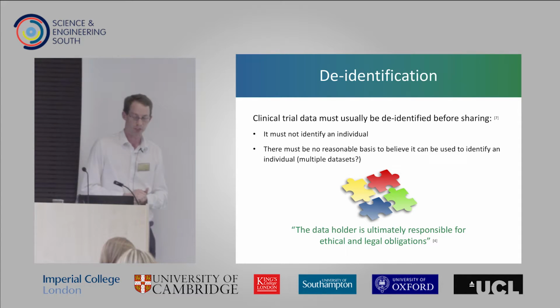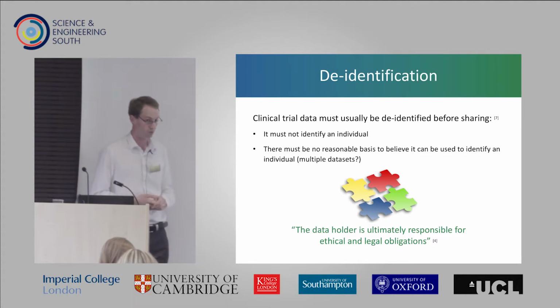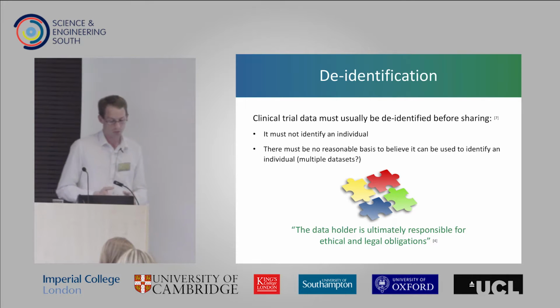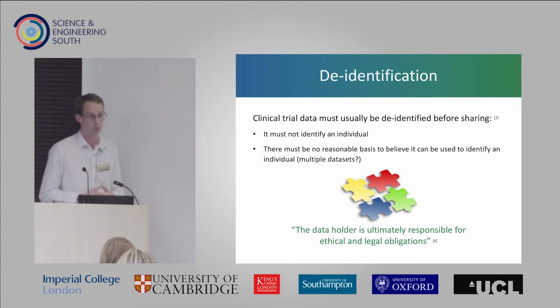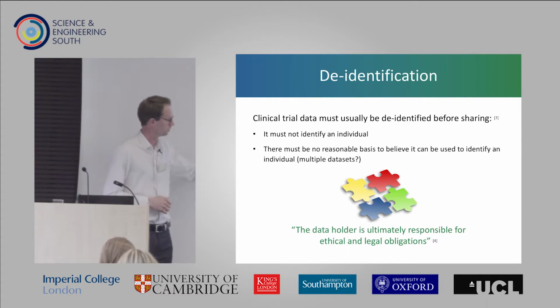Now, clinical trial data must usually be de-identified before sharing. We've heard some of the other approaches earlier on today. If you're going to take this route, then it means, firstly, it must not identify an individual, but then secondly, there must be no reasonable basis to believe that it could be used to identify an individual. Now, the difference between these two, for me, most clearly arises when you're looking at multiple data sets.